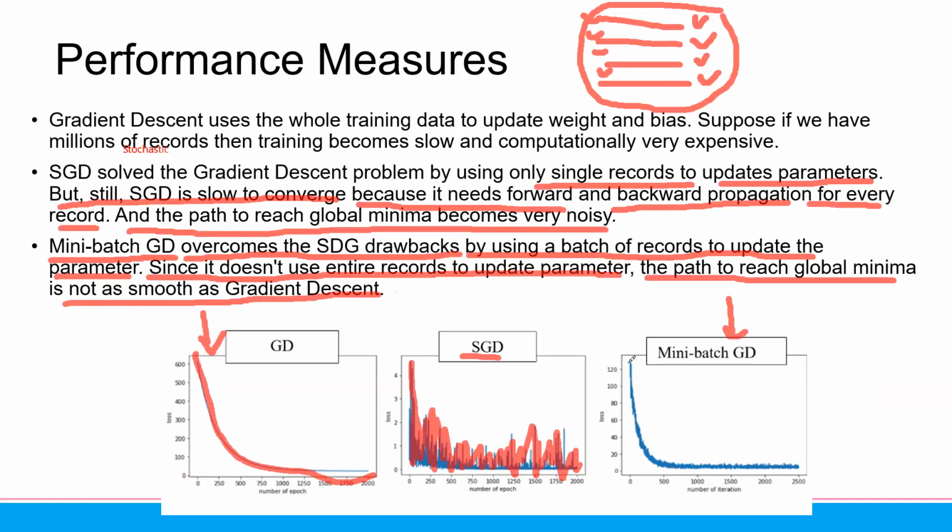Even though it is not as noisy as SGD, it still has some fluctuation, but the result is quite good. It overcomes the problems in gradient descent and in SGD. So nowadays people try to use the mini batch gradient descent to make the performance better.